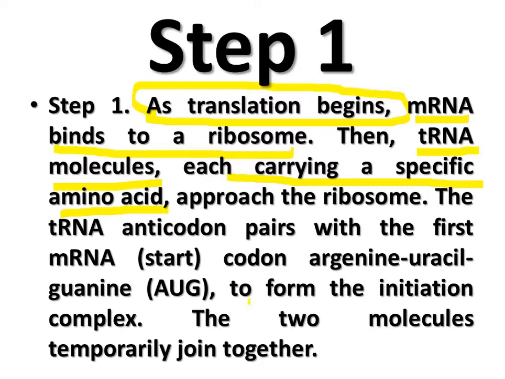The transfer RNA anticodon pair with the first messenger RNA start codon, which is adenine, uracil, guanine. Lagi po natin tandaan na pagka nag-start po ang translation, ang umpisa po lagi ng sequence is AUG. We call this start codon. To form the initiation complex, the two molecules temporarily join together.